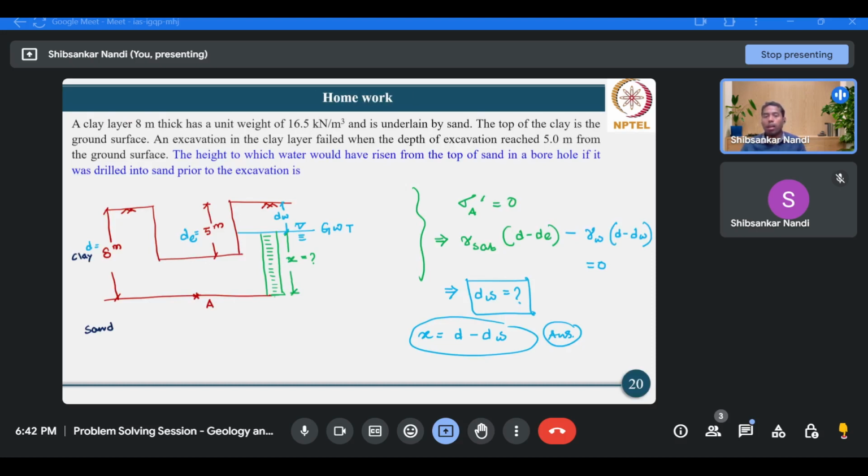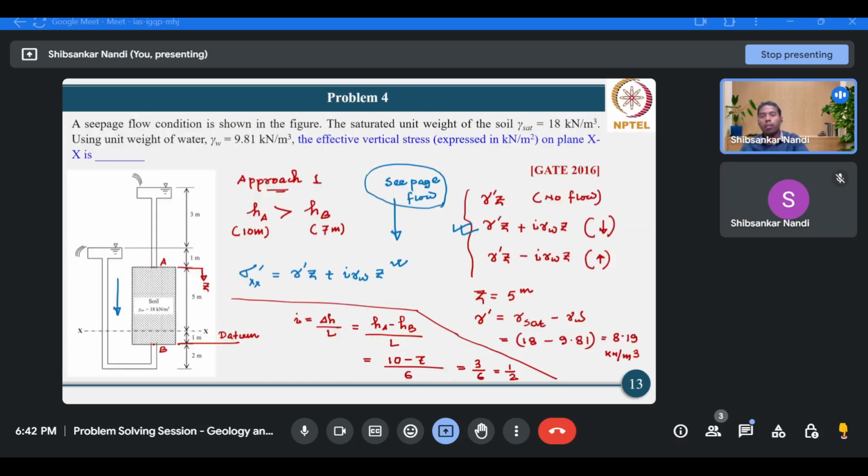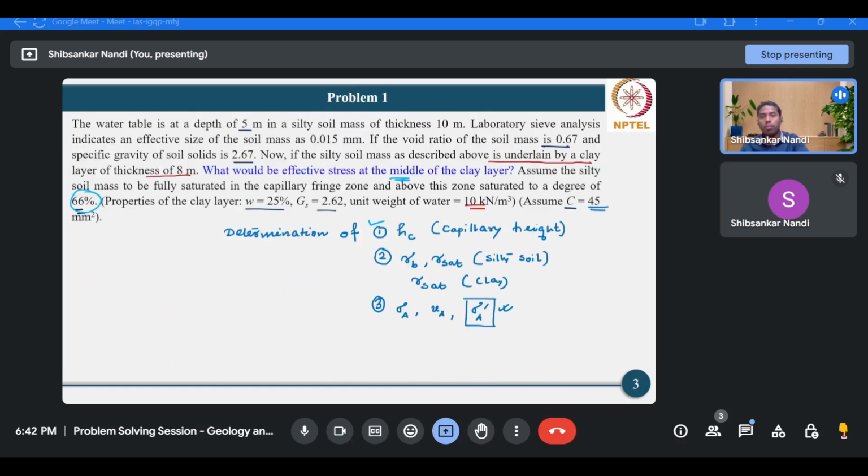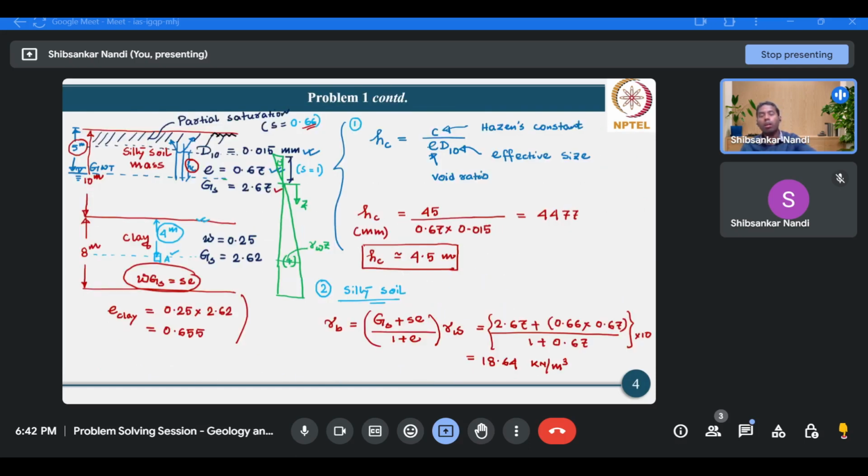Okay, and if we try to summarize the entire session, first we have taken problems to determine the effective stress considering the capillary fringe action.